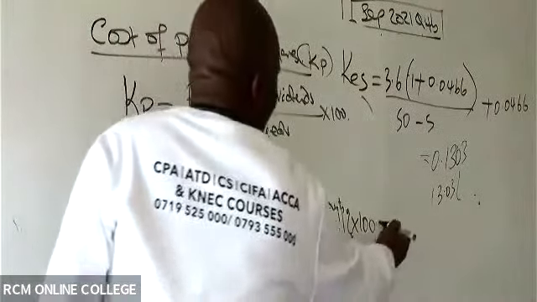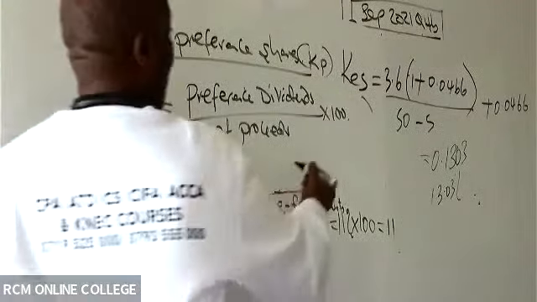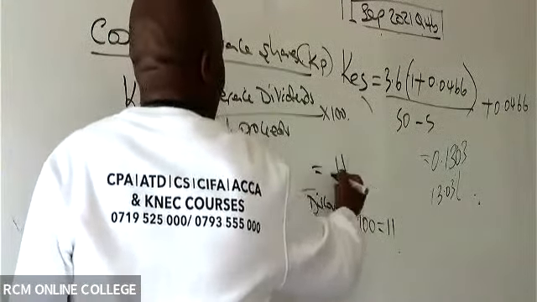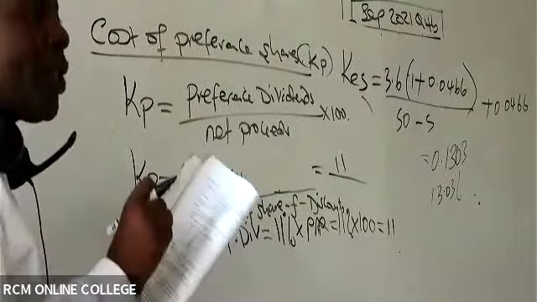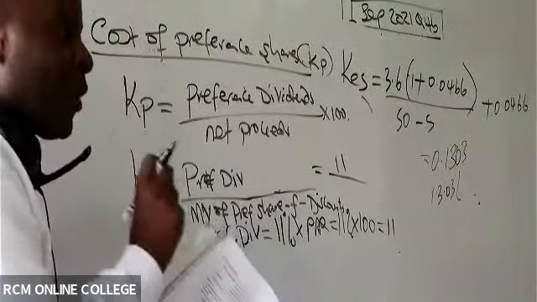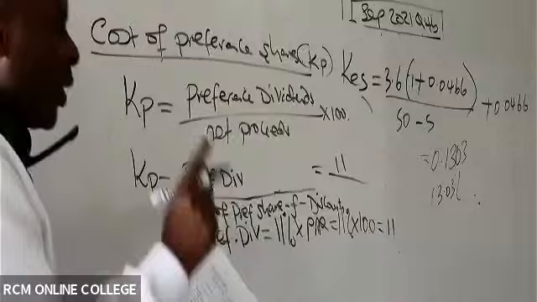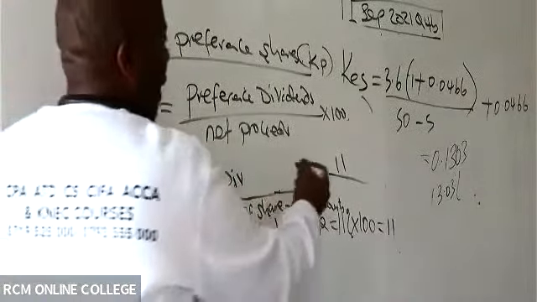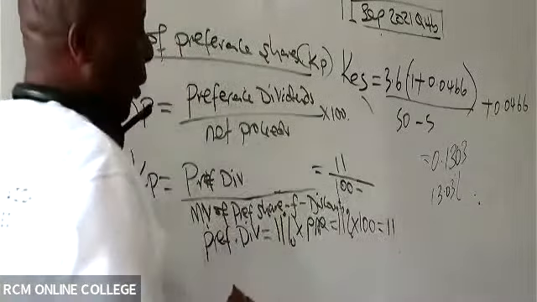So then this gives me how much? 11 bob, isn't it? And then I can now come here. I say this will be 11 divided by the market value of preference shares. They have just told me up there that each preference share will be selling at par. So then we're going to realize how much here? 100. Are you able to see that?